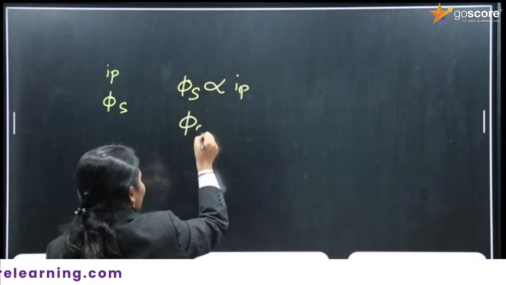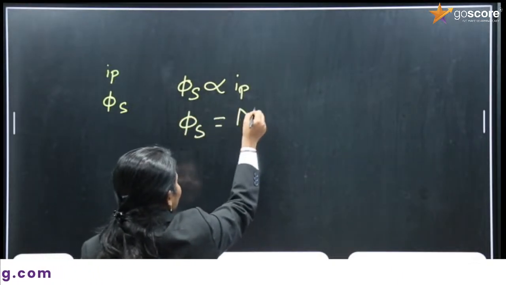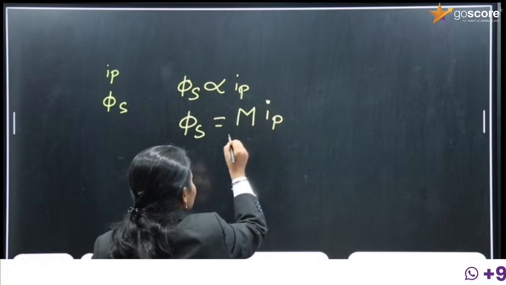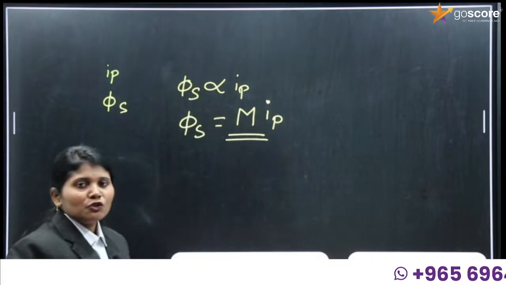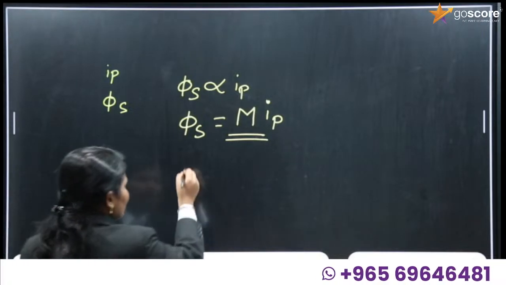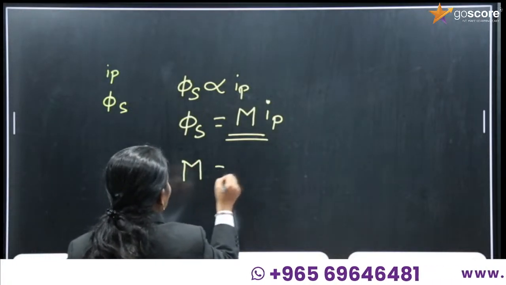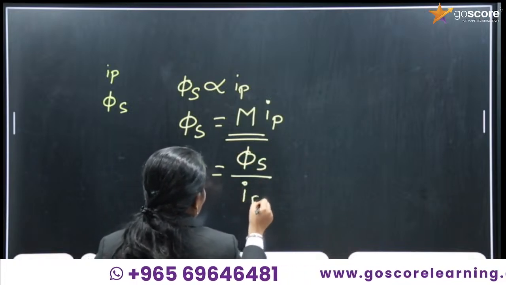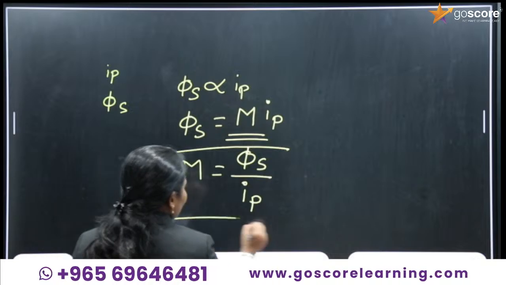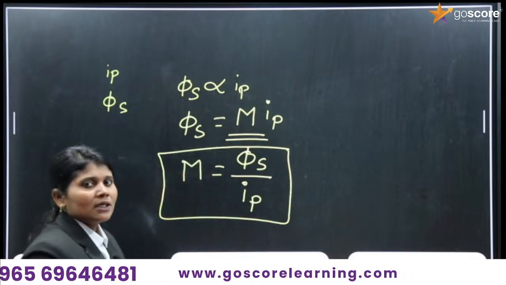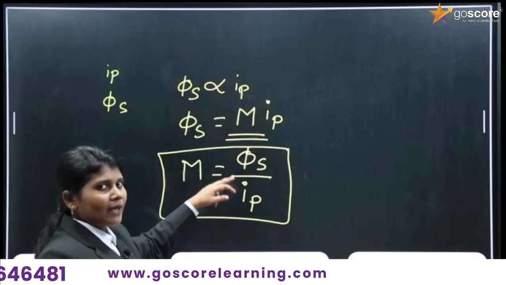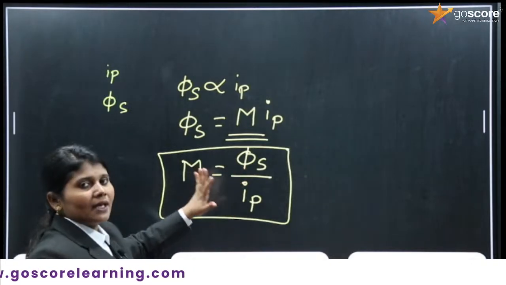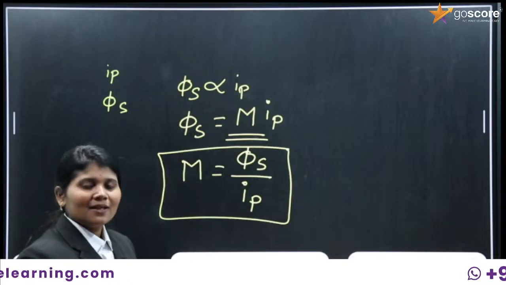Then phi S is equal to M times I P, where I am taking M as a constant. This M we call the mutual inductance. The equation is M equals phi S by I P: secondary coil flux by primary current. This is the mutual inductance.